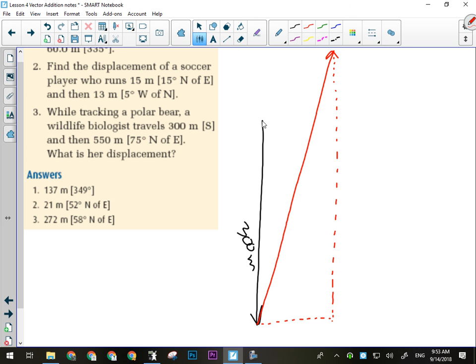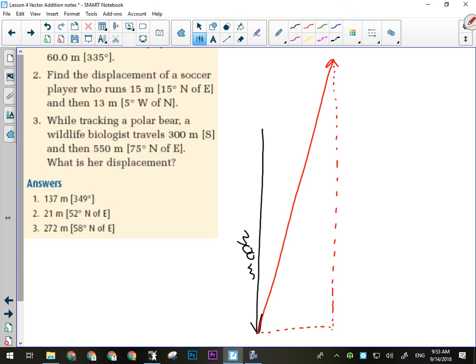I think I didn't give myself enough room. I should have probably made that even taller, but that'll work for now. So this angle here is 75 degrees, and this line is 550, which means our resultant is here.